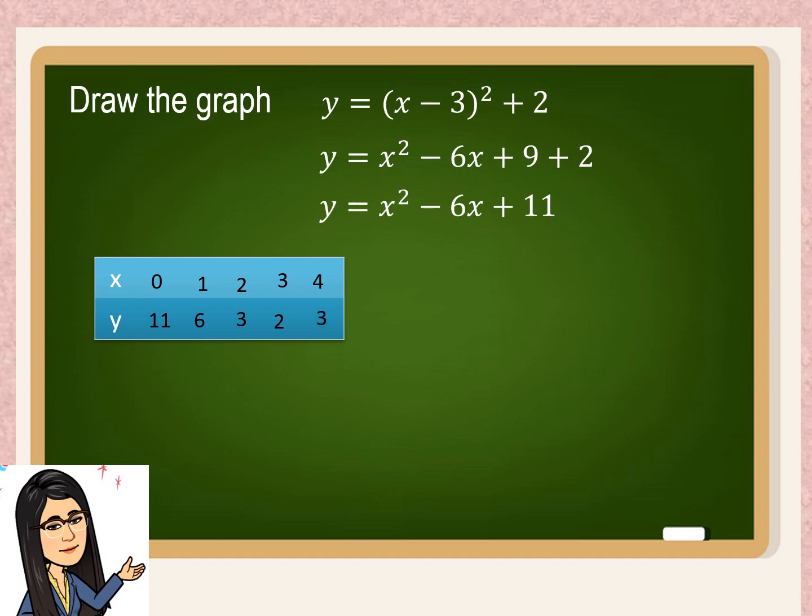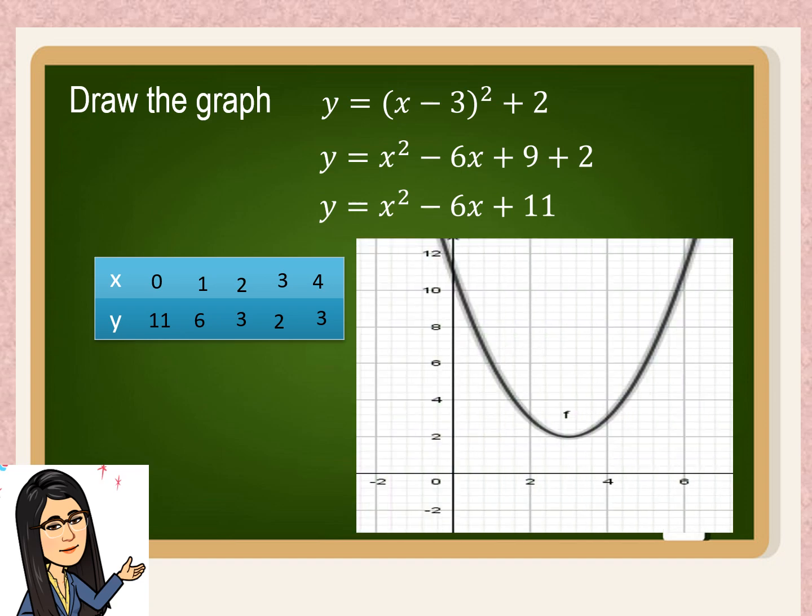Thus, the result is positive 3. Plotting these points in the Cartesian plane, the graph will look like this. Observe the coordinates (0, 11), (1, 6), (2, 3), (3, 2), and (4, 3). This made the parabola.